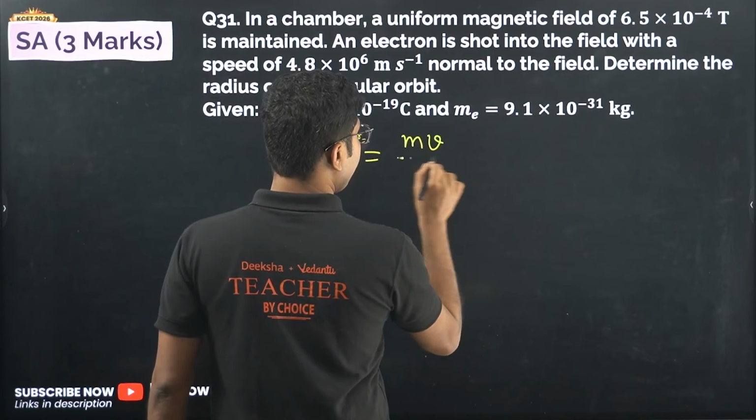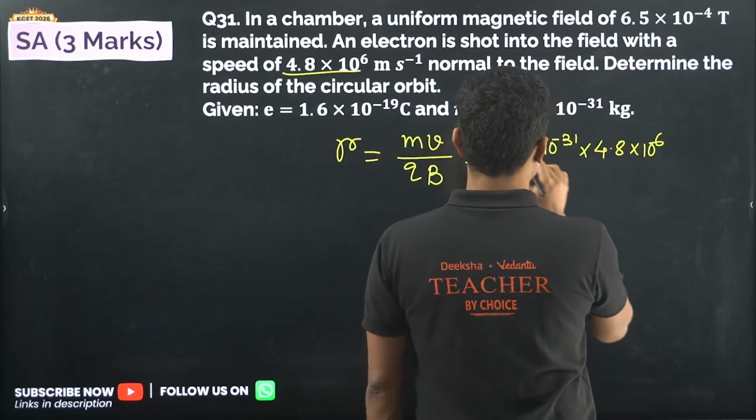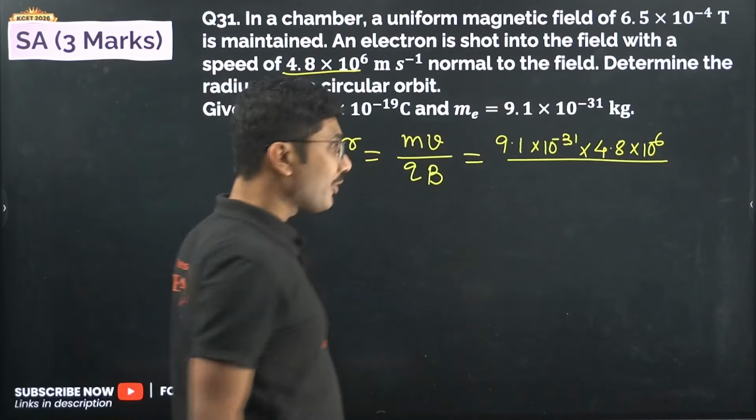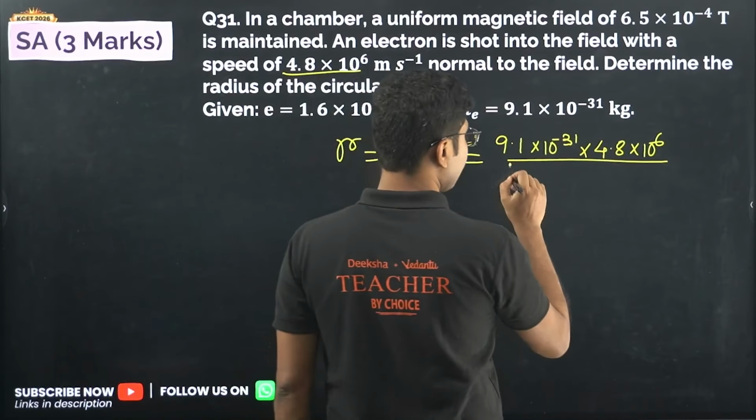Velocity of the electron is given as 4.8 × 10^6, divided by qB. q is 1.6 × 10^-19. What about B? B is the magnetic field, which is given by 6.5 × 10^-4.